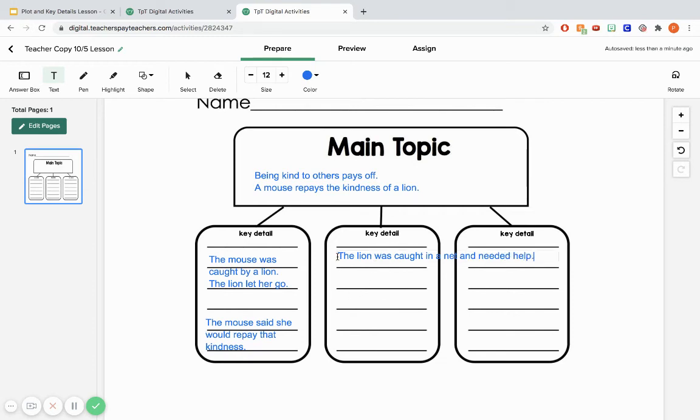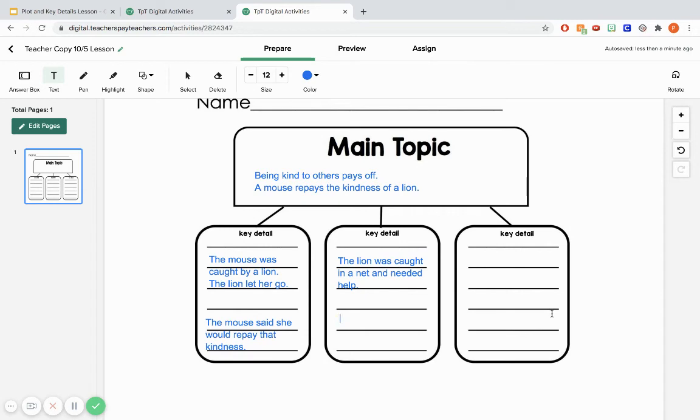If you look and you notice, I'm writing in complete sentences. I'm making sure I have a capital letter at the beginning and a period at the end. I'm having a complete thought, so I have a subject and a verb to complete my sentence.